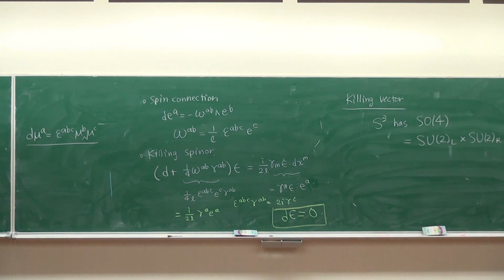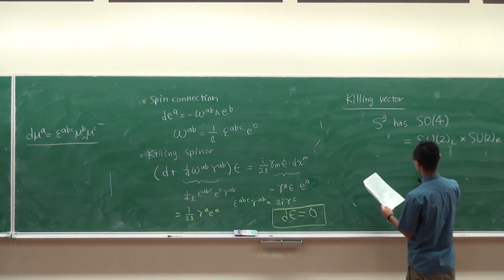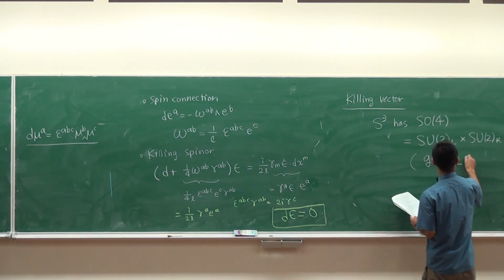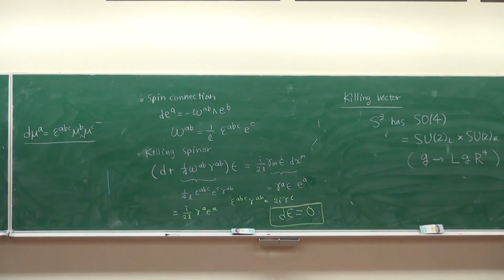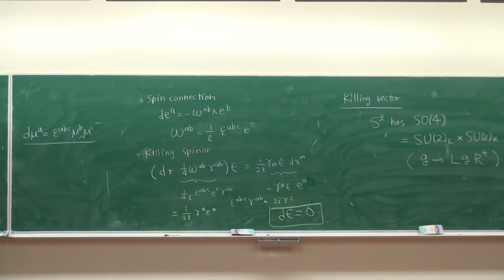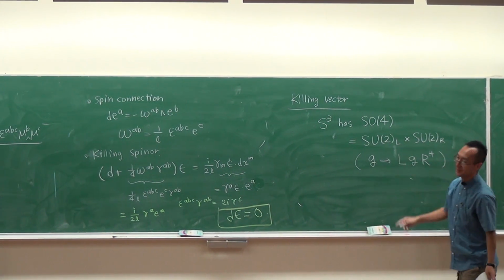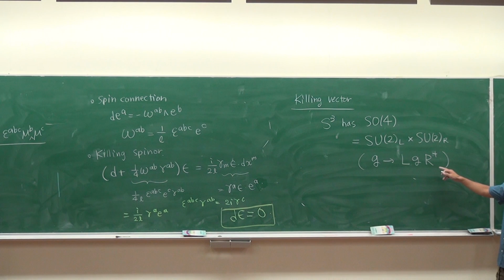These two copies of SU(2) act on the 2 by 2 matrix g from the left-hand side and the right-hand side. So there is going to be a triplet of vector fields corresponding to the left action of SU(2), and there is also a triplet of another Killing vector field corresponding to the right action of SU(2).